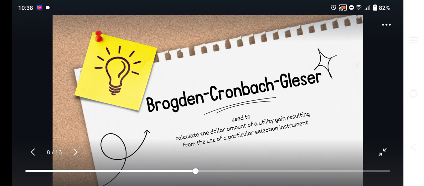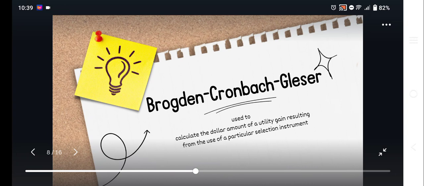It is used when computing the amount of money an organization would save if it used the test to select employees. It is a method of ascertaining the extent to which an organization will benefit from the use of a particular selection system. Okay?